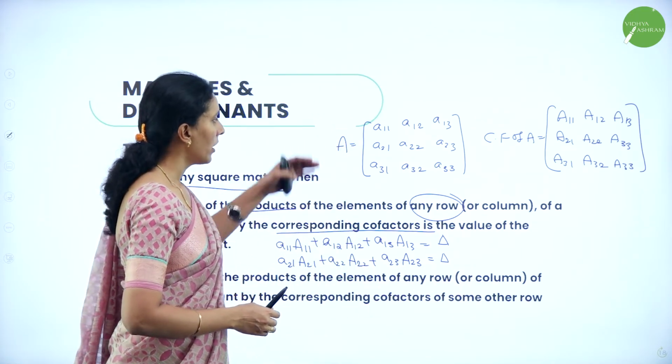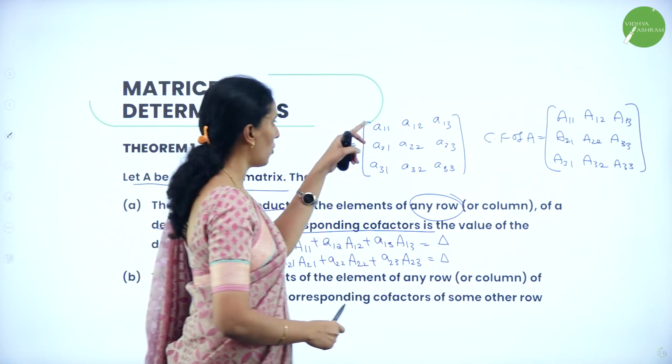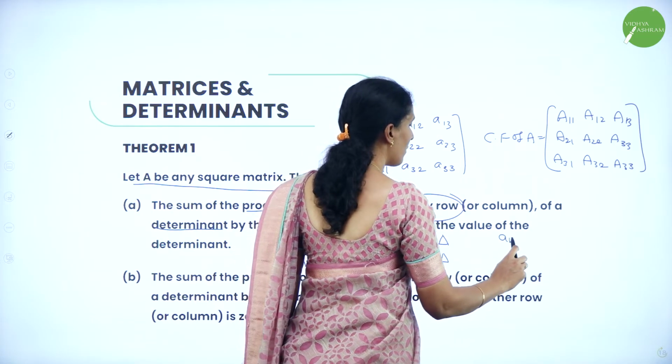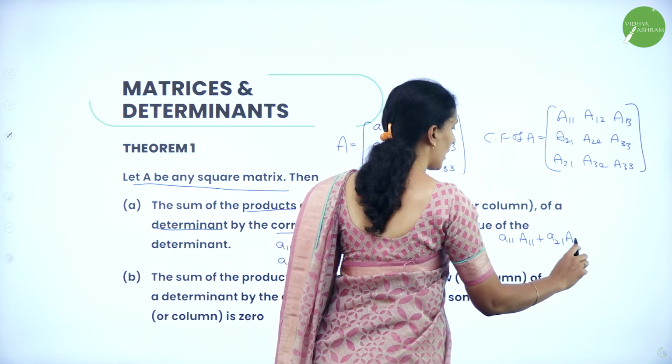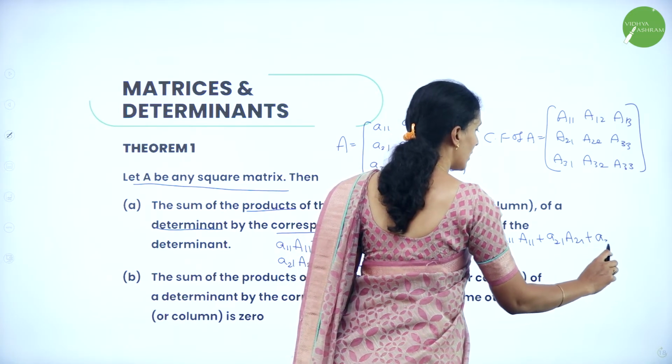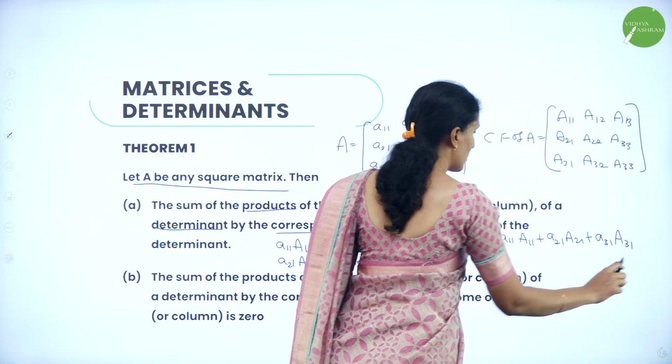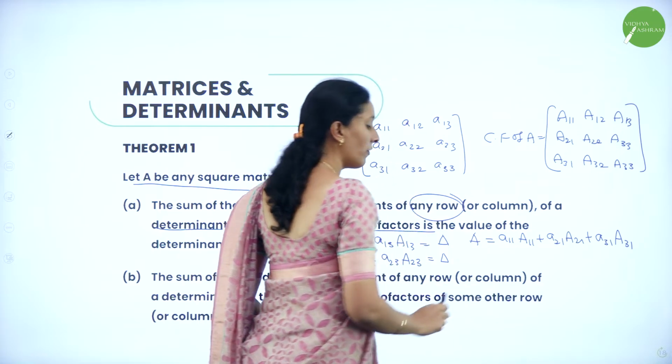Or you can take it in the form of a column also. Column: a11 with A11, a21 with A21, a31 with A31. This is also equal to the value of delta.